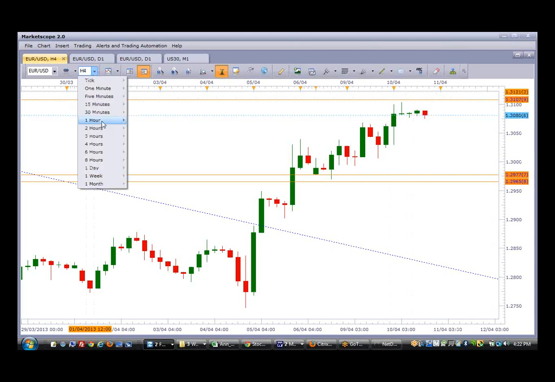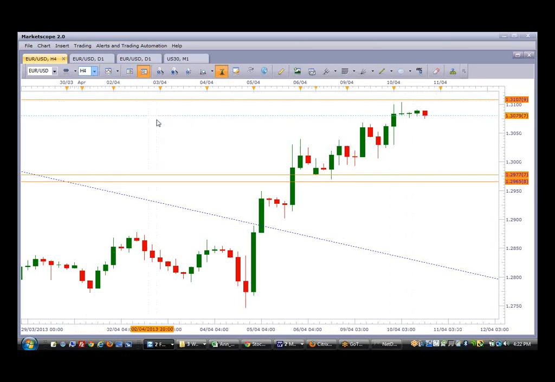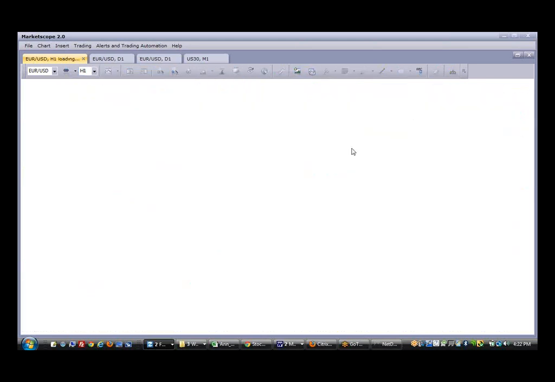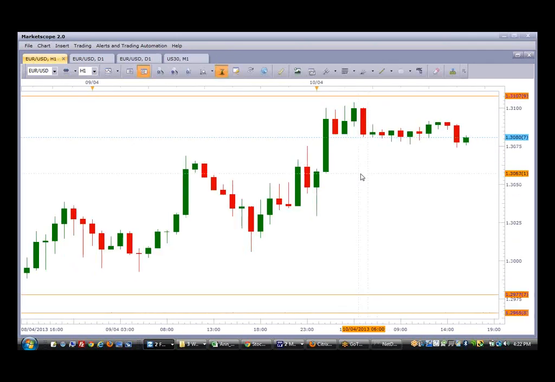On the 1-hour chart, sellers in control here, current candle, buyers back in control.